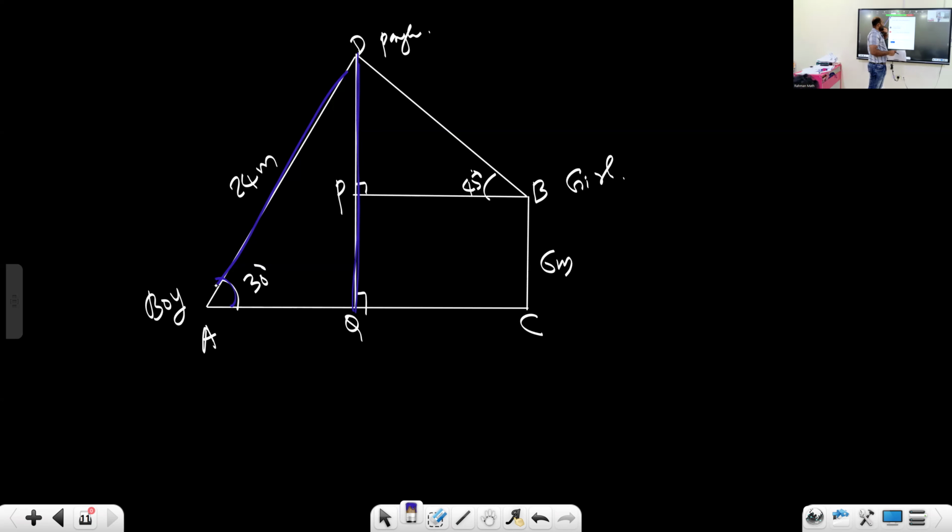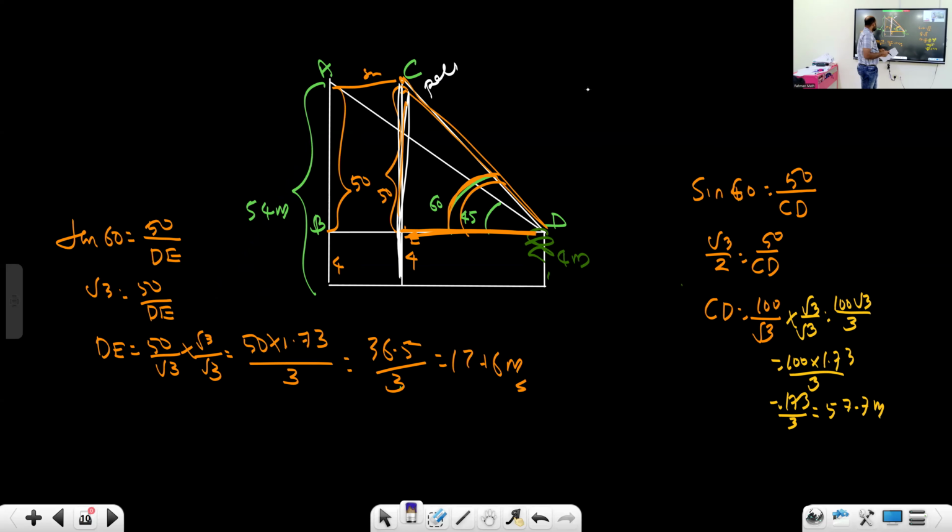The previous question, DE, I didn't check. D 12 point is coming, no? 350 into 1.73 by 3 is there, no?